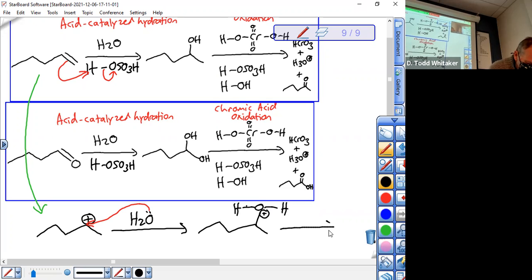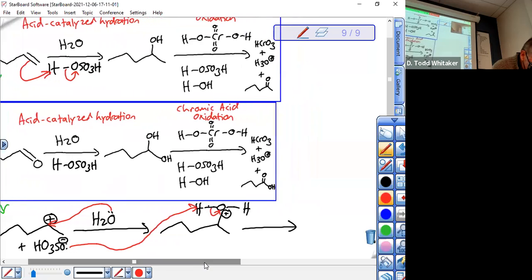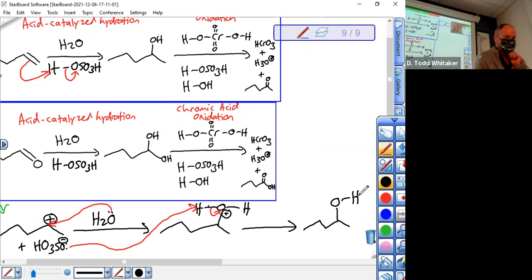What takes the H off of it? Yeah, this conjugate base of sulfuric acid you made in the first step. And come around and neutralize. That's 4. I know. The majority of the points are in the next part.